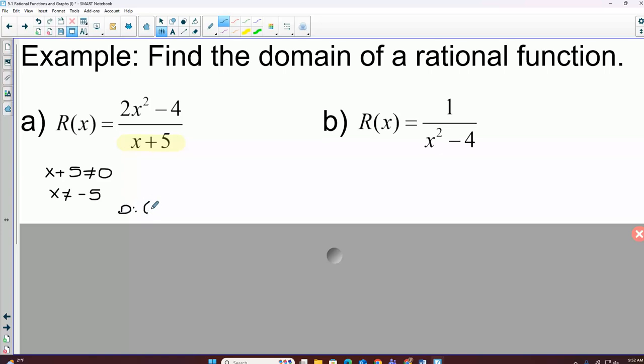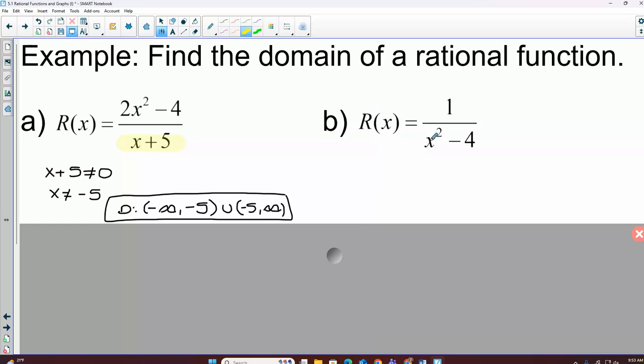How do we write that? Negative infinity to negative 5, parenthesis, union, negative 5 to infinity. So that tells me this graph exists everywhere except at negative 5.